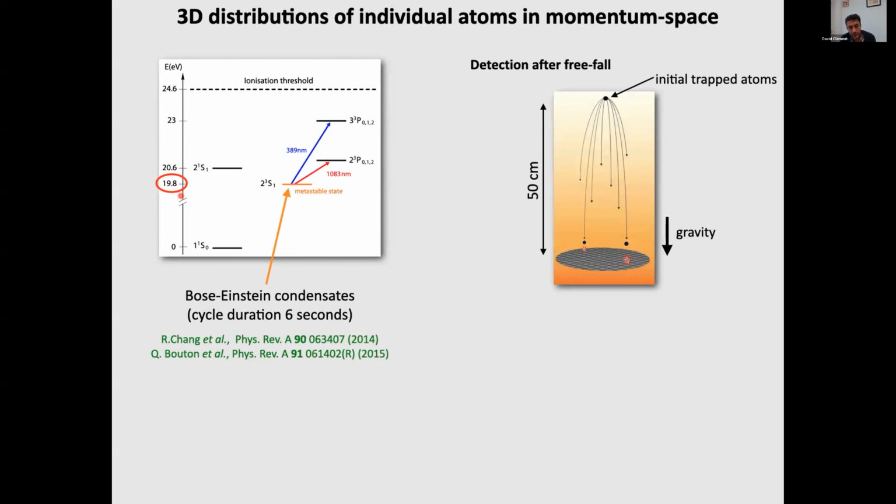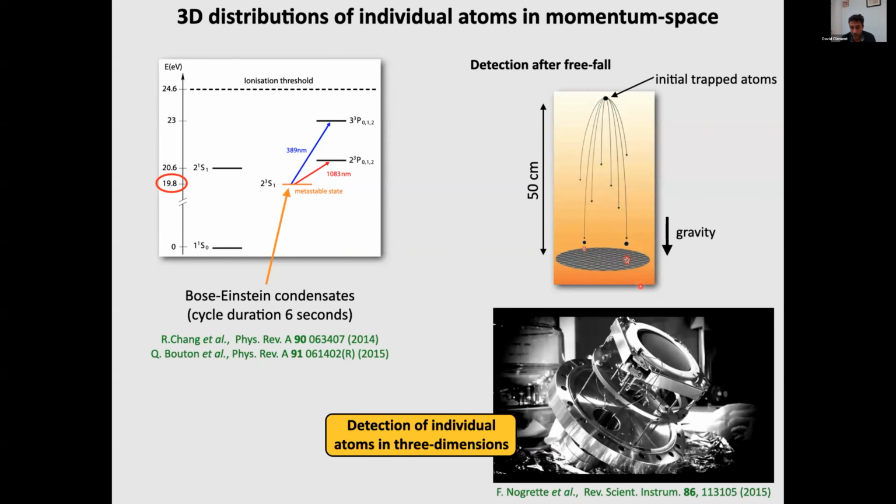And this energy is sufficiently large that if you let your atoms initially trapped up there fall onto a metallic plate, the metastable atom can go to its ground state and extract one electron from the metal by releasing its internal energy. And so if you are capable of amplifying the electronic signal, then you are able to detect atoms one by one.